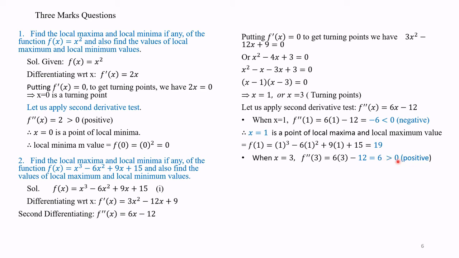When f'' is positive, it is a local minimum. So x equal to 3 is a point of local minima, and the local minimum value is given by putting x as 3 in the given equation, that is 3³ − 6 × 3² + 9 × 3 + 15, which is equal to 15.